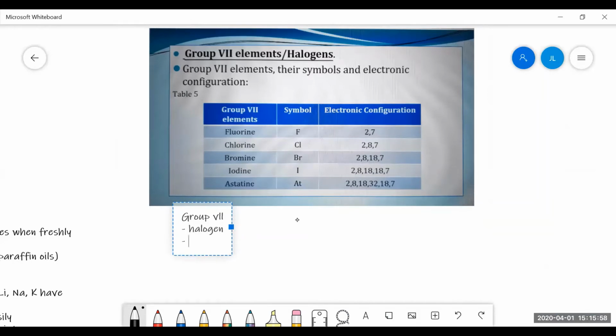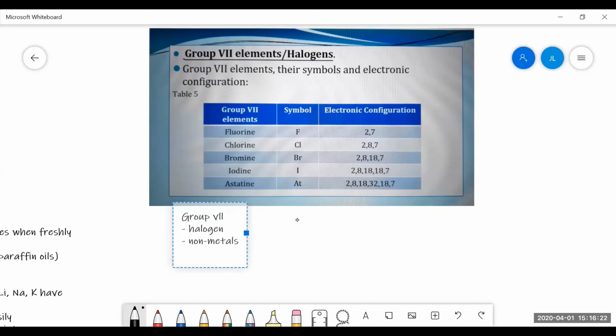It is a non-metal. They are quite abundant and can be found in Earth crust as metal halides and mineral salts in seawater.